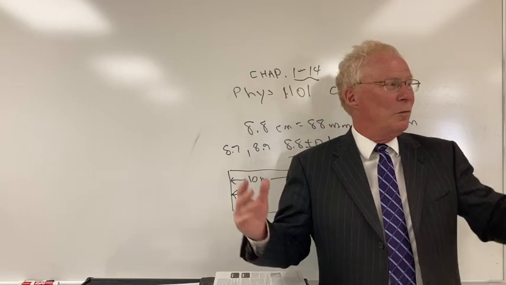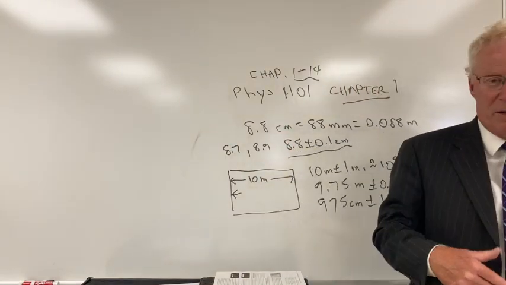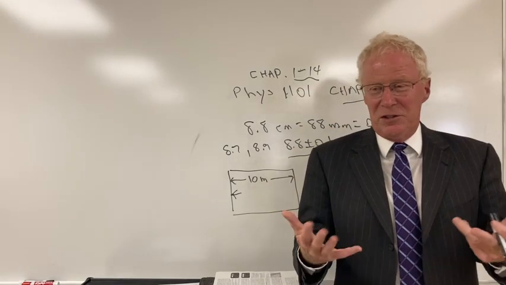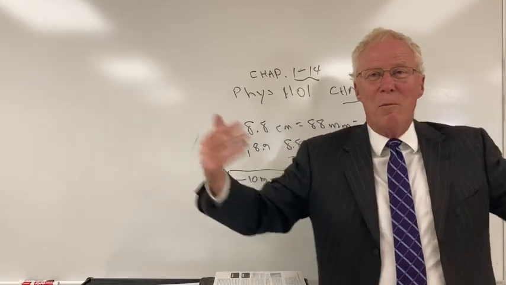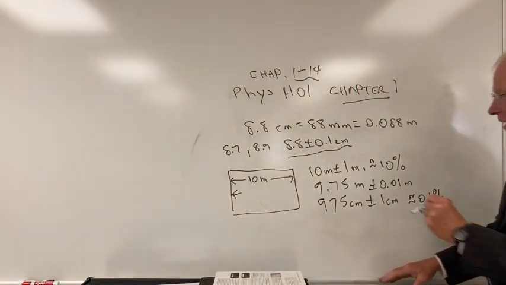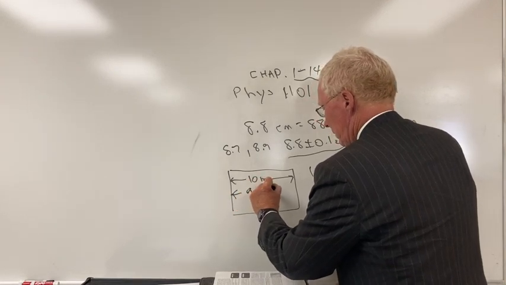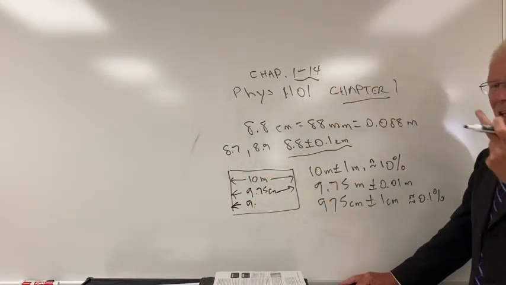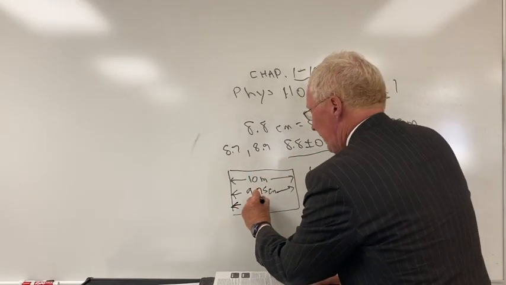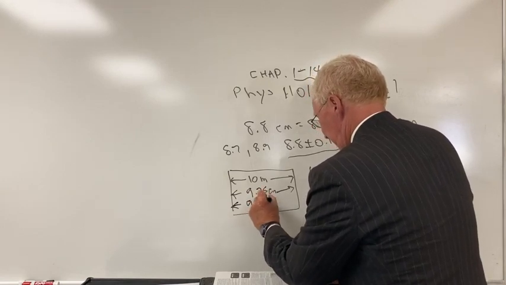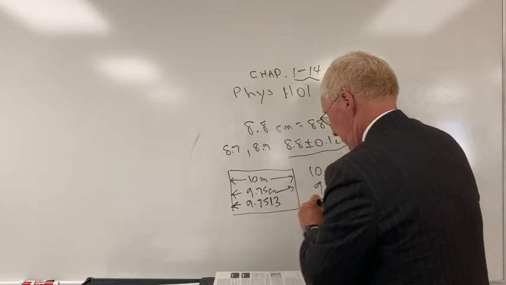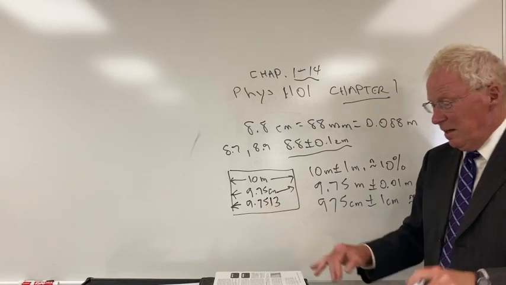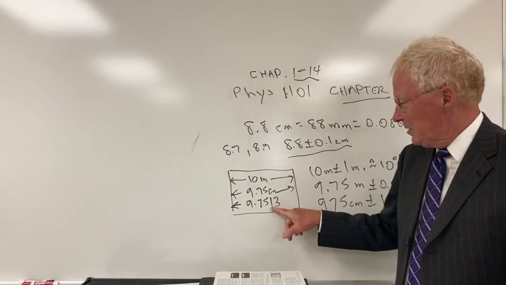Now, you can do what I have nowadays. You have laser precision, laser measurements. You can use a laser to actually measure the width of the room far more accurately. Now, if I use a laser, I could get this. I didn't actually do it, but on the laser, it could be 9.7513. So this would be to the nearest centimeter, 1/10 of a centimeter, 100.